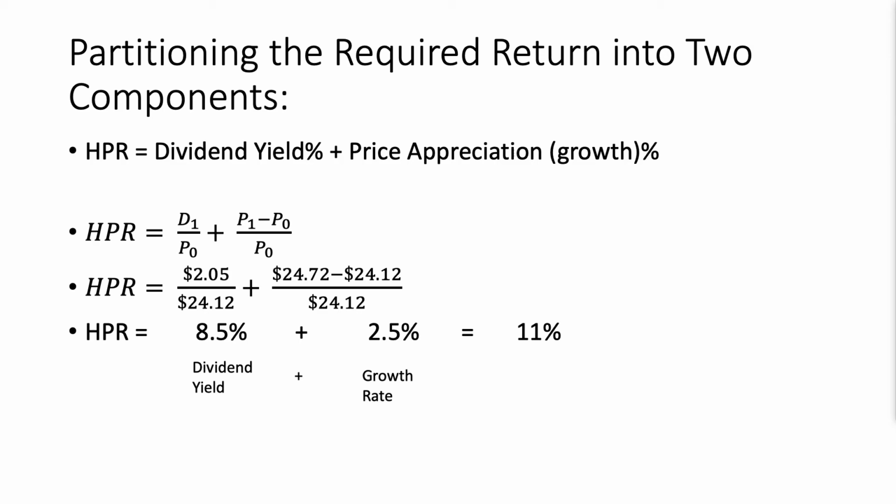So the dividend yield, plus the growth rate in the dividend, which is also the growth rate in the stock price, equals the holding period return and the required return of the stock. So the required return that we input in the model when we price the stock is also the holding period return. In other words, the stock really does return 11% if you buy it at P0, collect D1, and sell it at P1.